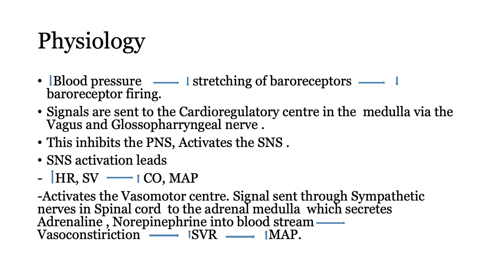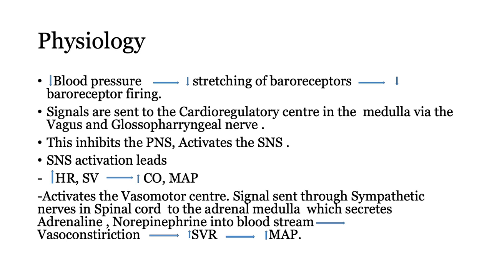The cardioregulatory center will inhibit the parasympathetic nervous system and activate the sympathetic nervous system. The sympathetic activation will lead to an increase in heart rate and an increase in stroke volume, which will result in an increase in cardiac output and mean arterial pressure.